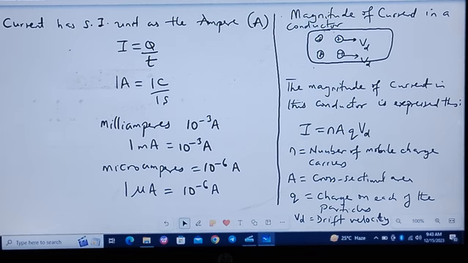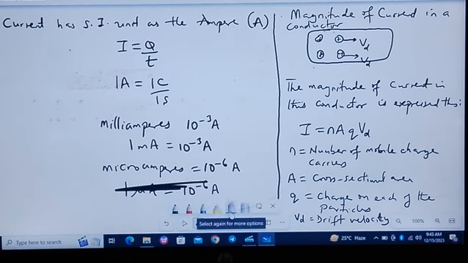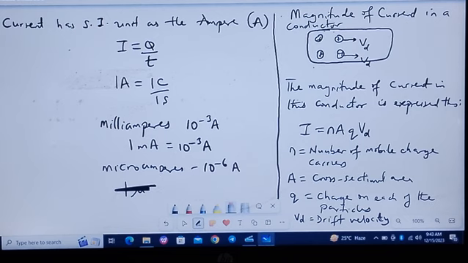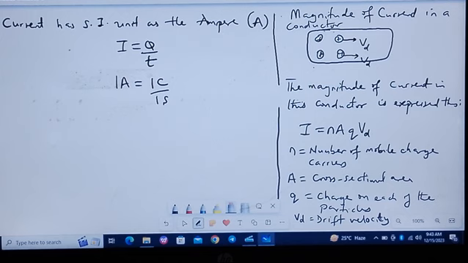Now in some textbooks or in some conventions, instead of Q, it may be represented by E. E is electronic charge, so it is still the same thing.